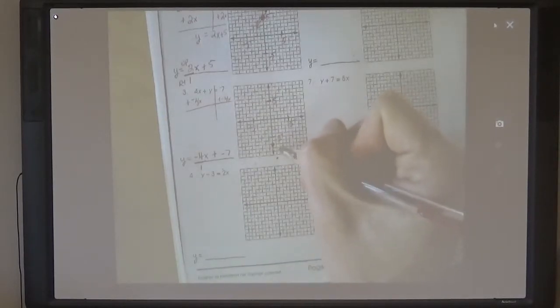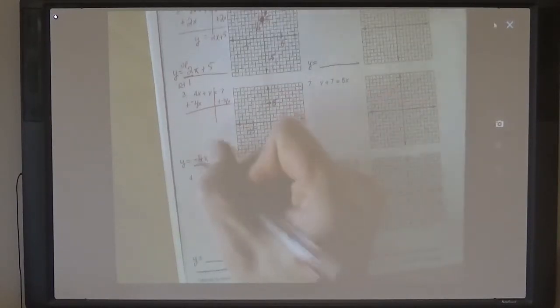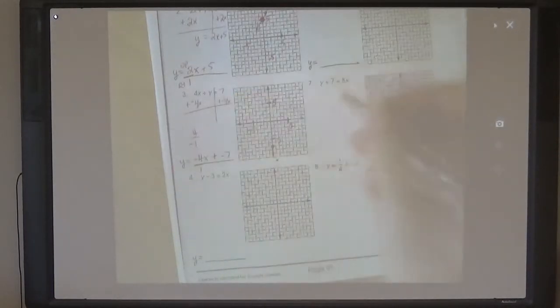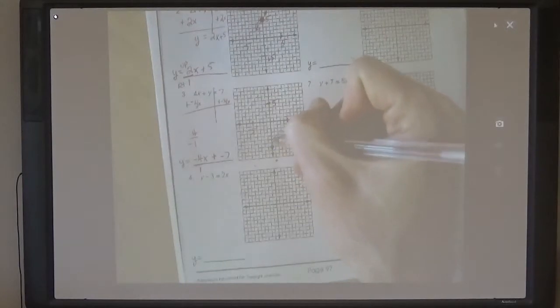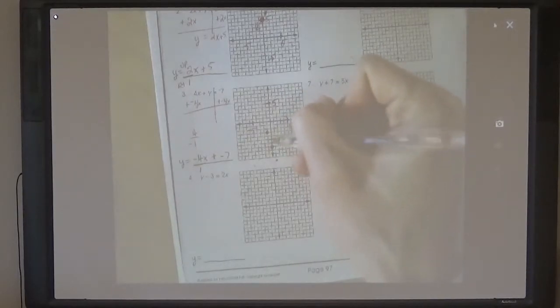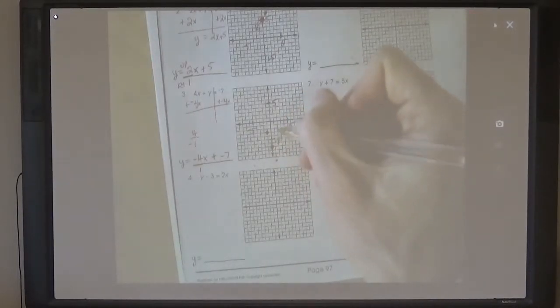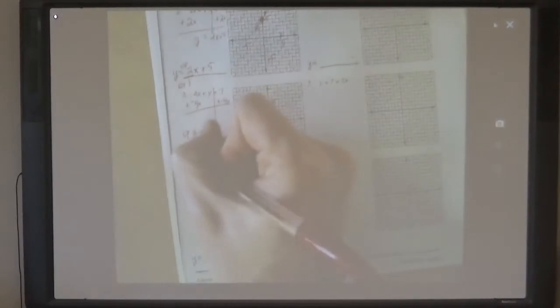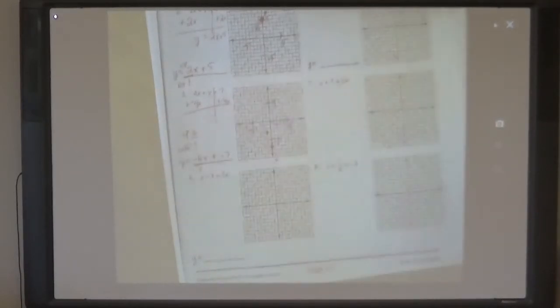What else would be on that line? Could we go the opposite direction and think of this as 4 over -1? Yeah. So we go up 4 and left 1. We could find another point on that line that's on the graph by going the opposite direction, up 4 and left 1.